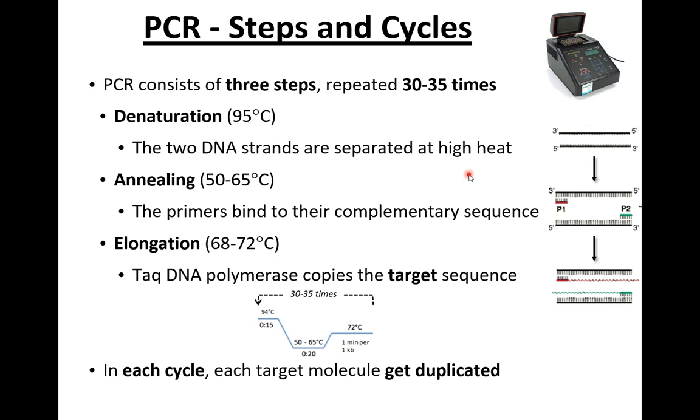The second step is annealing. Annealing is that key step that ultimately directs later on the DNA polymerase to the sequence you want to copy. And that step is done at a variable temperature, we'll talk about that later on, how you choose them, between 50 and 65 degrees Celsius.